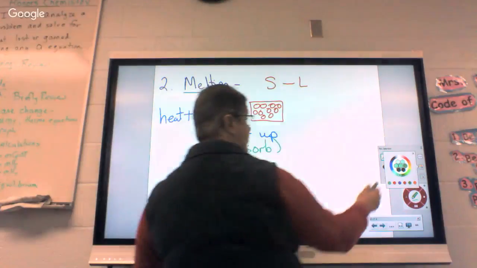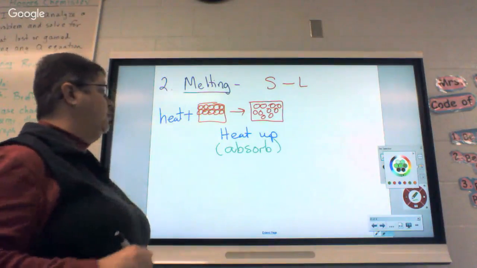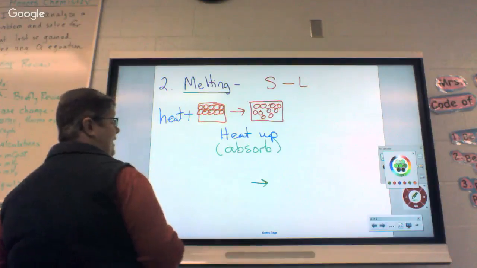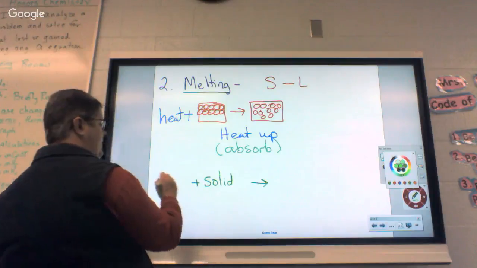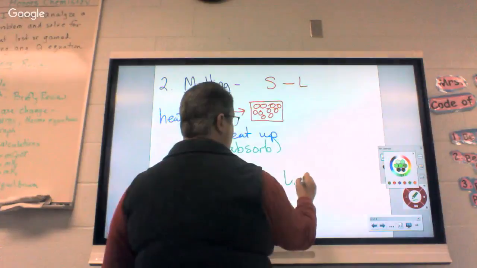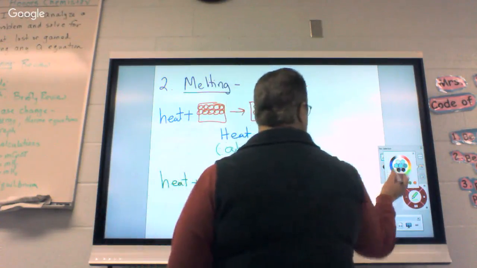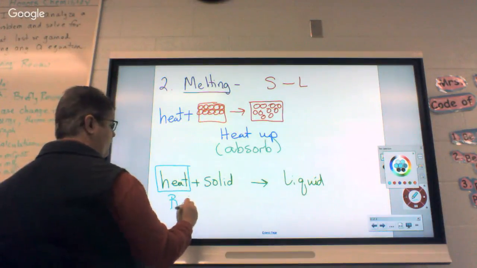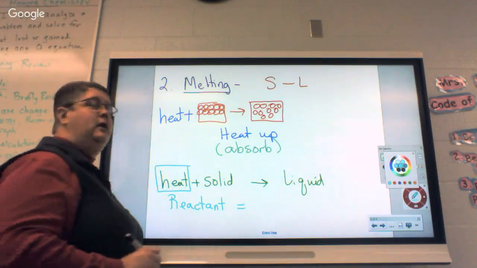So if we want to write the thermochemical equation, what do we start with on the reactant side? Solid, okay, plus heat, and what do I become? A liquid. Now, again, just like before, because heat is a reactant, that tells us it's endothermic.